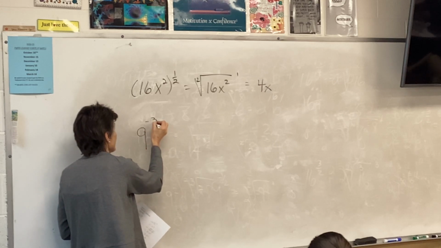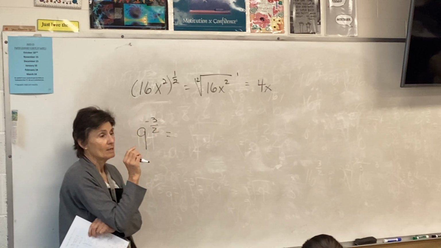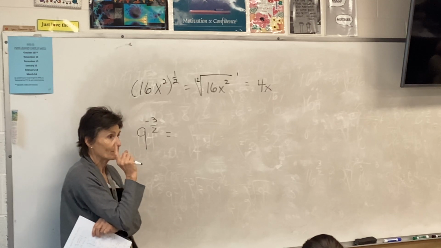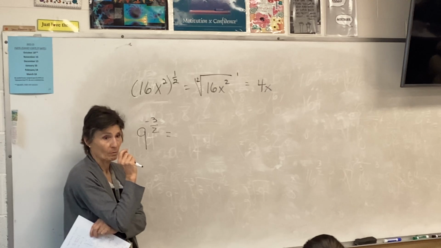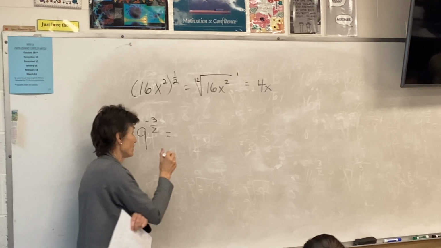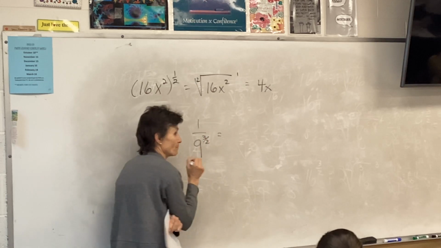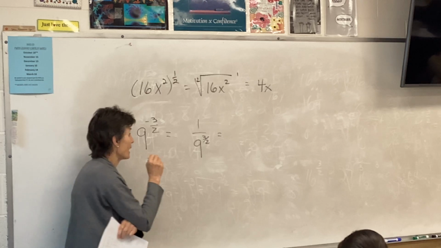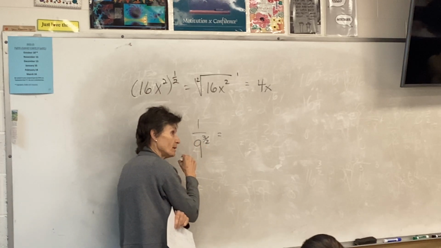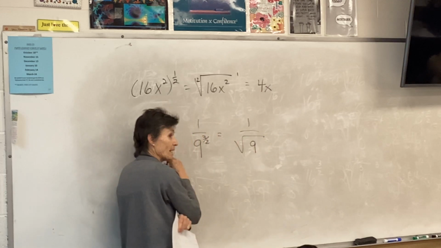9 to the negative 3 halves. Now this is a negative exponent, so we're going to take care of that first. What do I do with a negative exponent? 1 over. So 1 over 9 to the 3 halves. Now, again, I have a fractional exponent, so that means I'm going to have a radical.